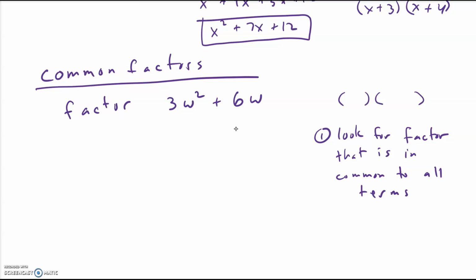And remember, a term is just like 3w squared is a term and 6w is a term. Okay, so that's step one. And then step two is you factor it out by doing distribution in reverse. So we can call that reverse distributes the common factor.